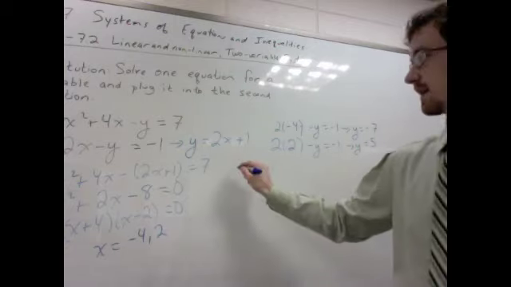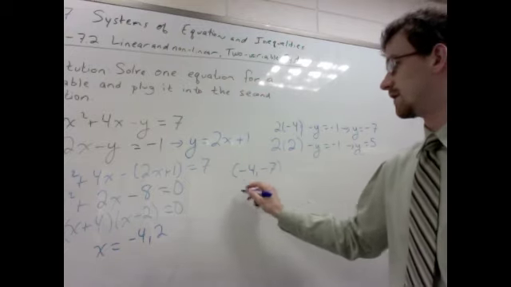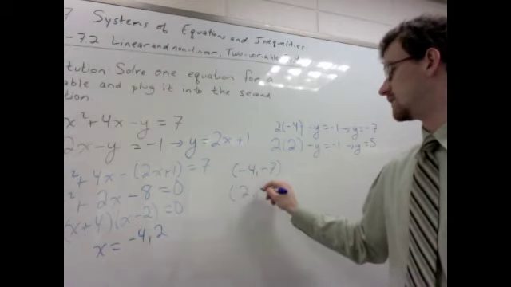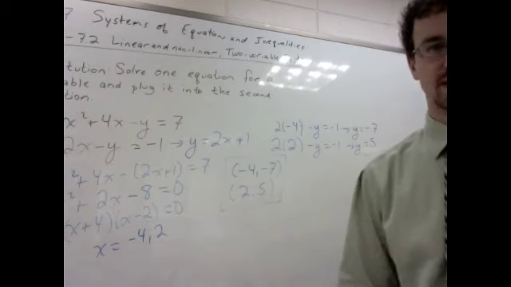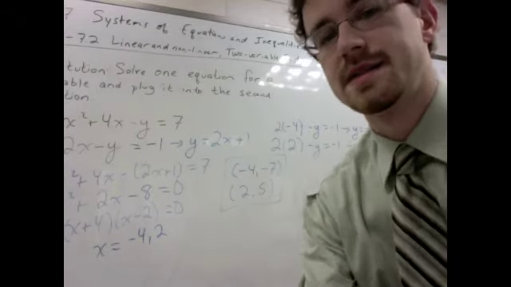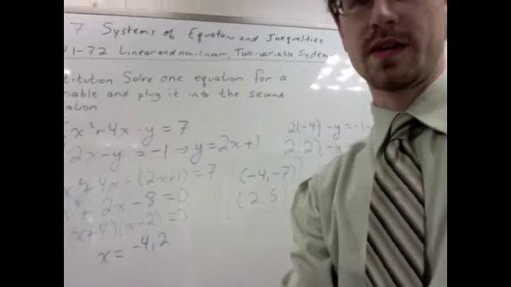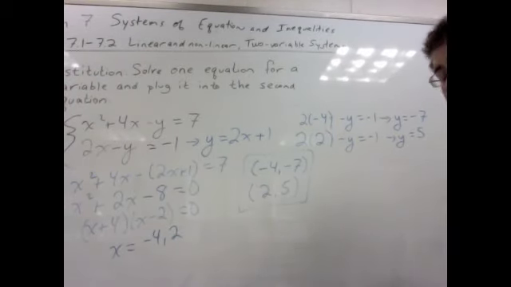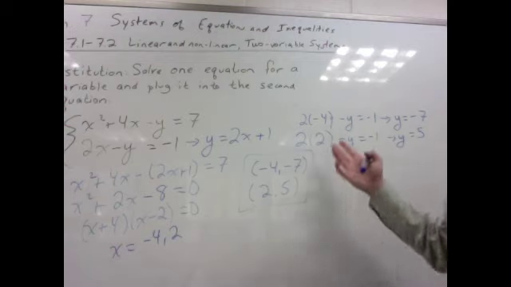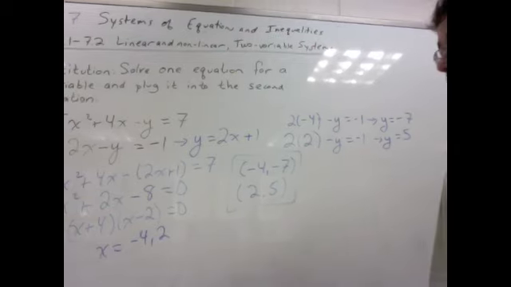Pairing those up gives us these solutions: (negative 4, negative 7) and (2, 5). So we can solve the system that has the x squared in it just like we did our linear systems. It just means that we could have two solutions to our system.